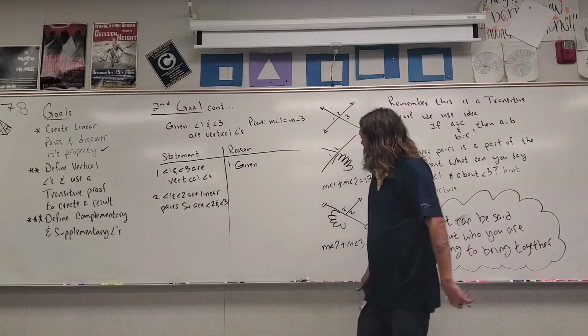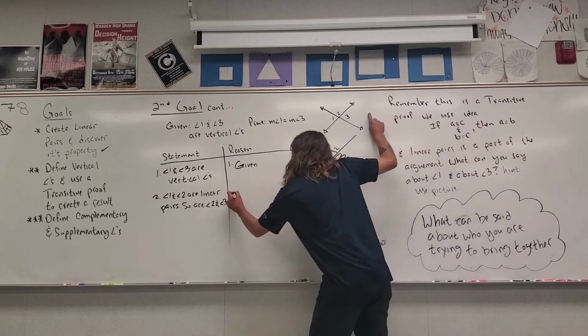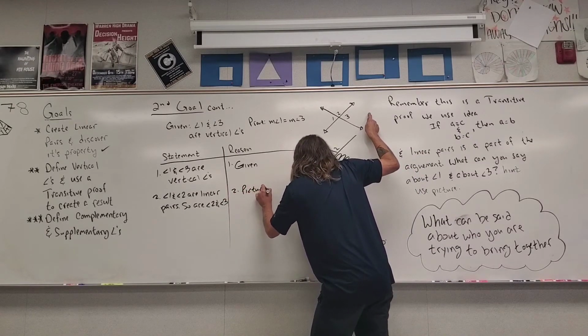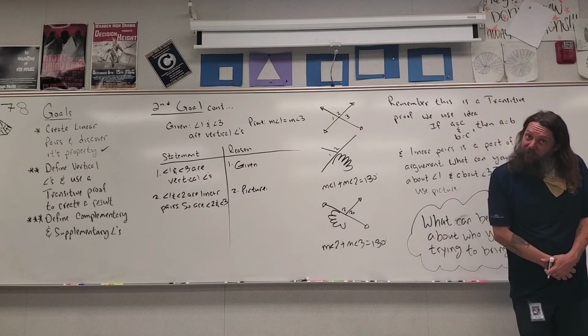And the reason why I can say this statement and I can justify it is it's in the picture. Now, the next thing I'm going to say is what linear pairs do.